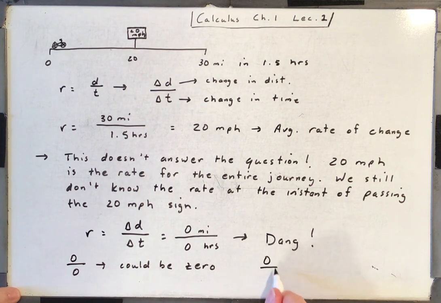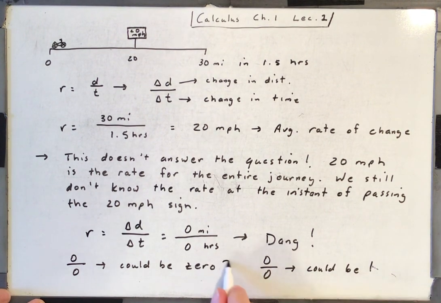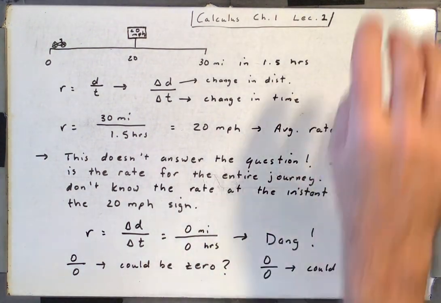Or, like if it's another number, like 5 over 5, that's 1, right? So could it be 1? All right, could be 0. I don't know. Could be 1. Well, it's actually not either.